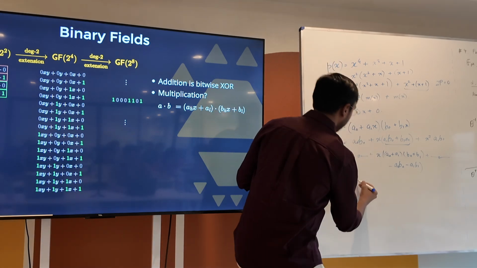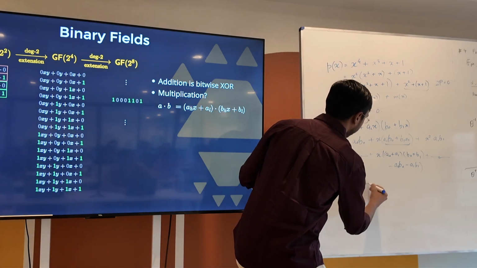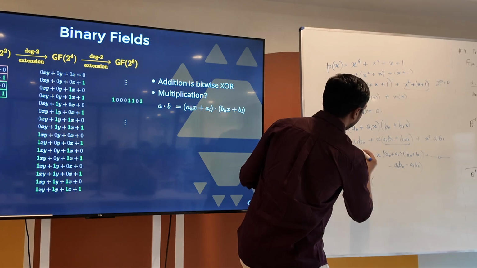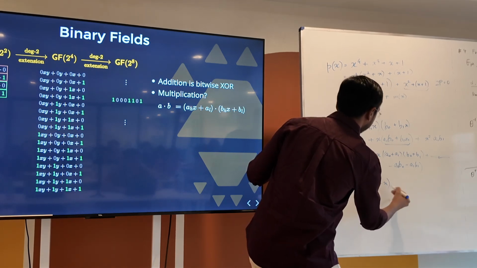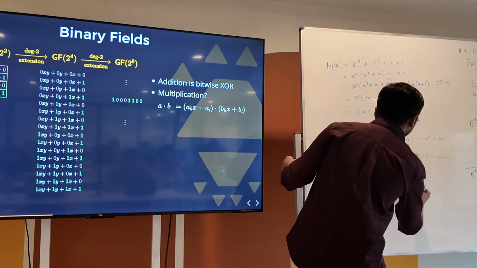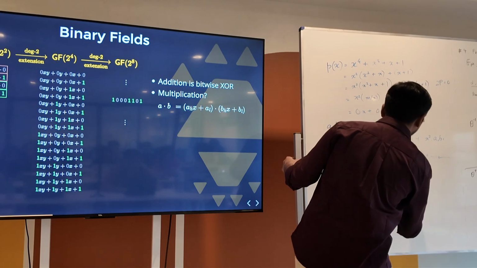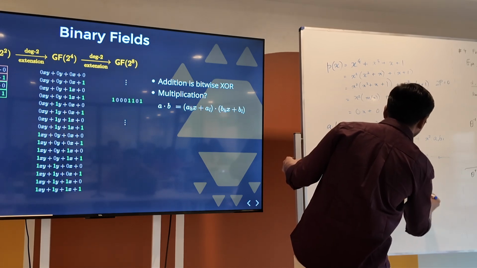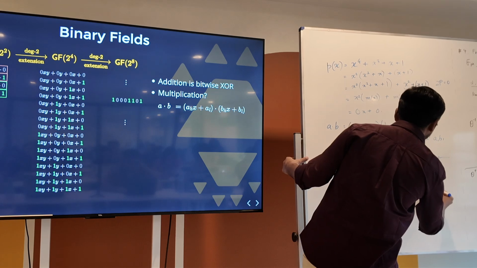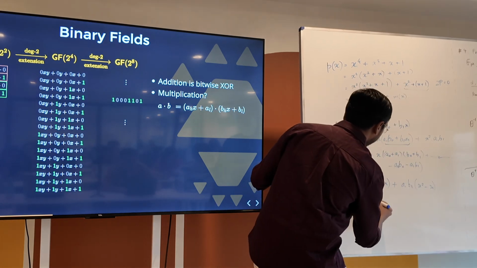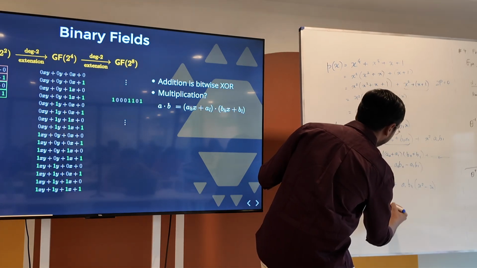So the first term, the multiplicand of A0B0, will be 1 minus x, plus the multiplicand of A1B1, x squared minus x, and then there is a multiplicand of x.